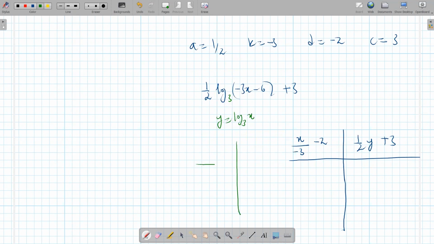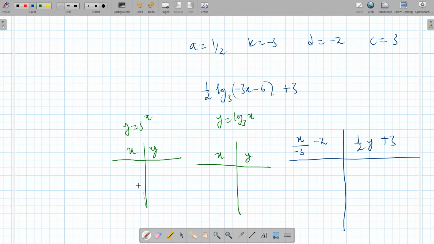This is much more difficult to come up with, especially if the numbers are weird, like a log of 0.5 or 0.33. So what you want to do is make a table of y equals 3 to the power of x, the inverse of this. Make an x and y table for this one. It's much easier. And then we're going to flip the x and y because they're inverses of one another.